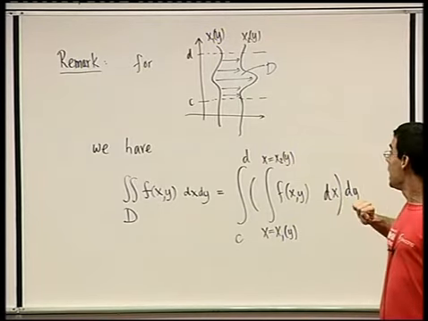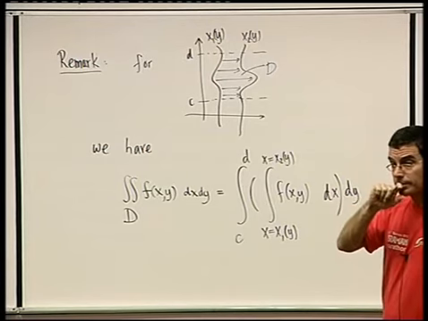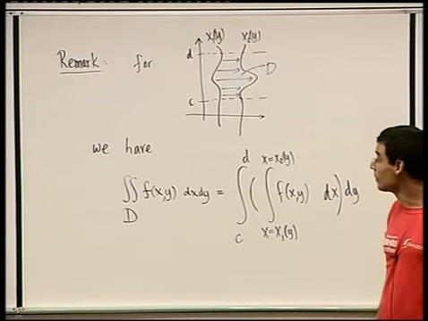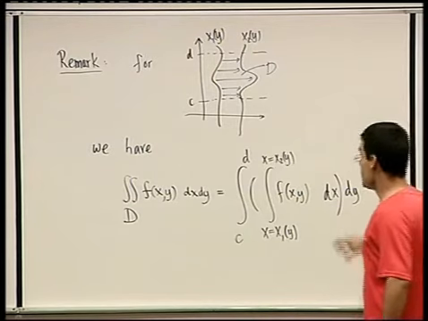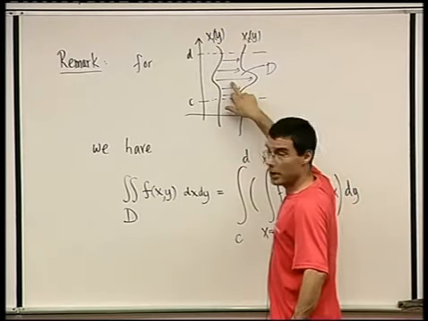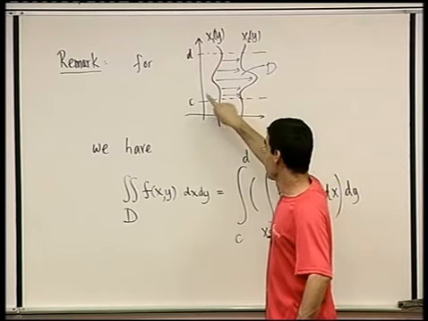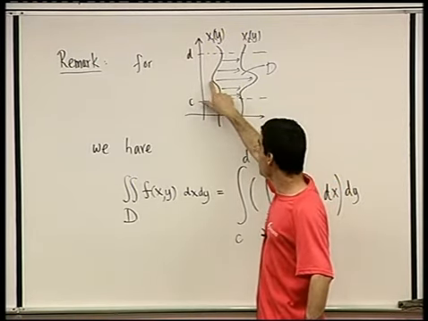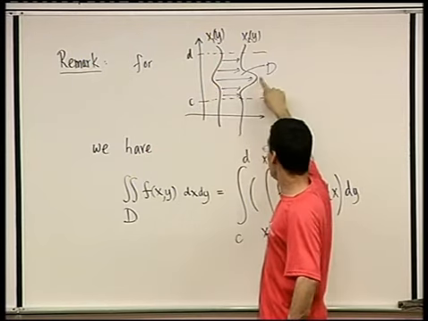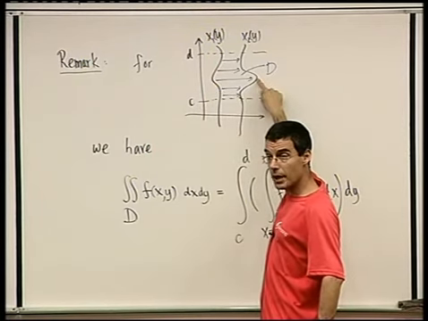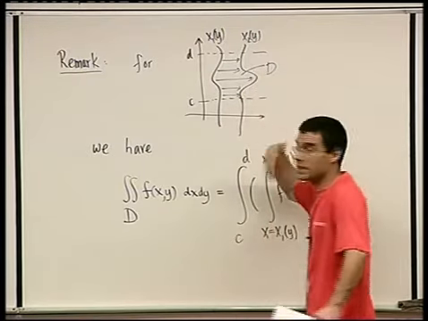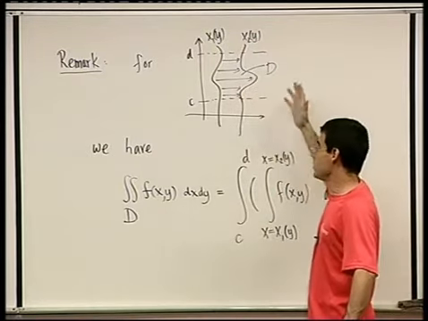Question, yeah? What is the directionality of the arrows? The directions I put here on the arrows when I shaded it just means that for every fixed y, the x's are allowed to range between this function all the way to this function. It's just illustrating what I'm thinking when I think of this domain.